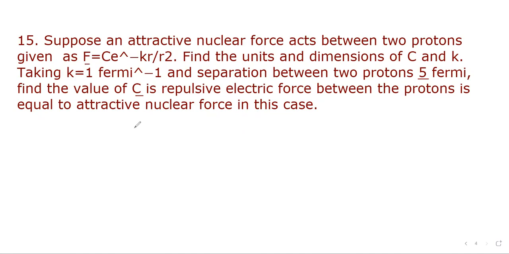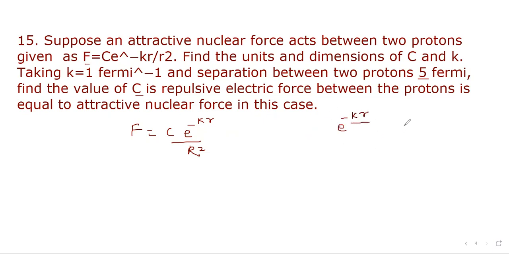So here F equal to C e to the power minus KR, whole divided by R square. Here this is a number, so this term e to the power minus KR will be a number.